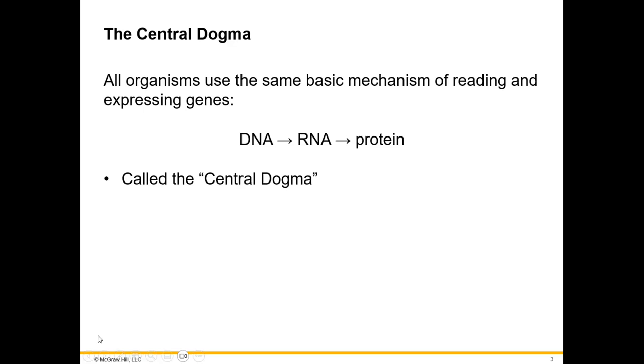When we talk about the central dogma in gene expression, that just refers to this same process that all organisms use to express their genes. So, every single organism alive on Earth is using the same process of taking DNA, turning it into RNA, and turning that RNA into a protein.